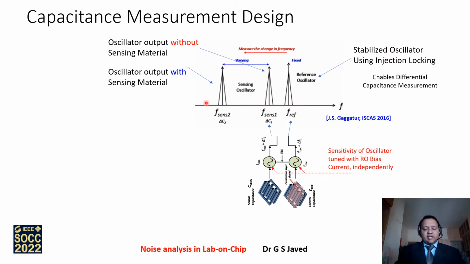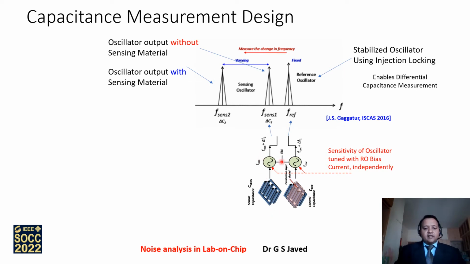The capacitance measurement design can be explained as follows. The sensitivity of the oscillator depends on the amount of capacitance seen in the load section. Each of these capacitances varies the frequency directly or linearly, and this linear relationship of frequency variation due to the capacitance is used here in differential mode to identify the total differential capacitance measured.